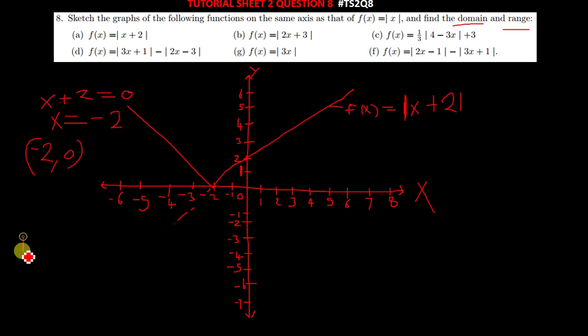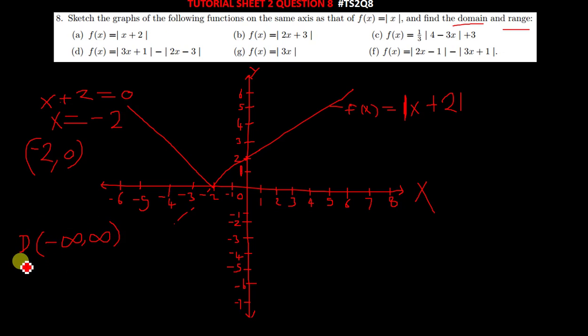We can put any negative number and any positive number, and we cannot find any undefined solution there. So the domain will simply be from negative infinity up to positive infinity.